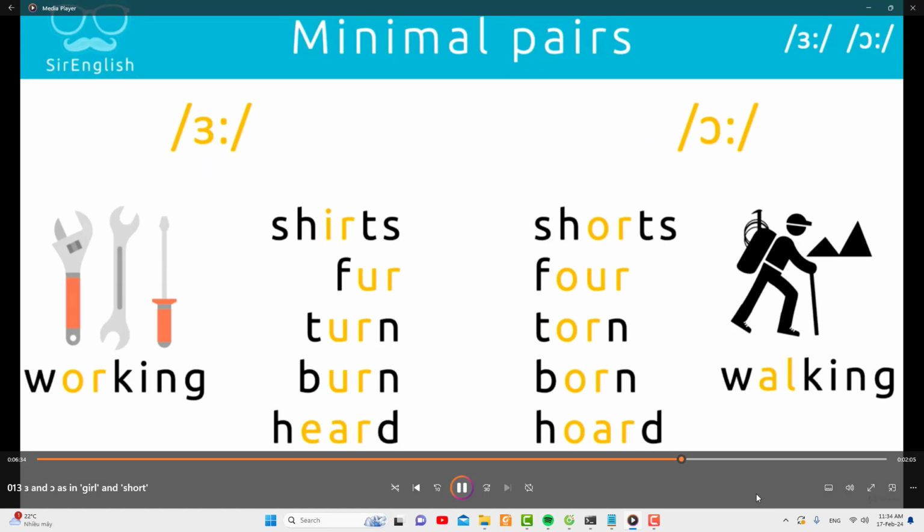Now let's look at the minimal pairs for these two sounds. /ɜː/ is on the left and /ɔː/ is on the right. So listen to each pair and repeat. Shirts, shorts. Fur, for.